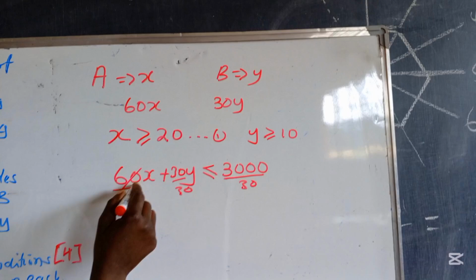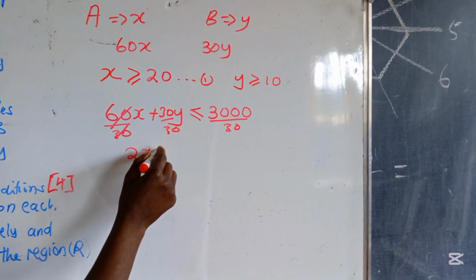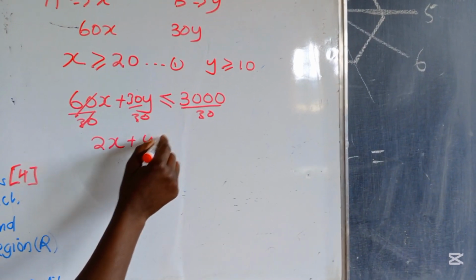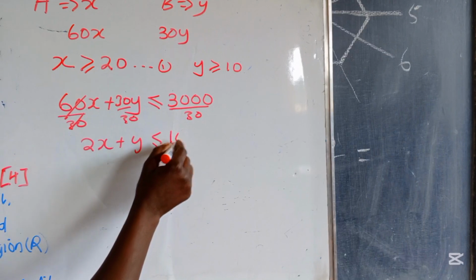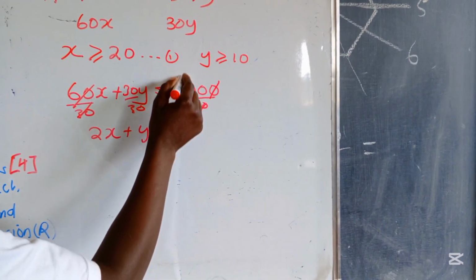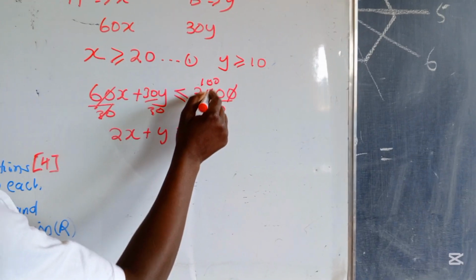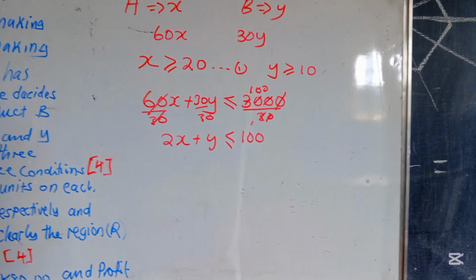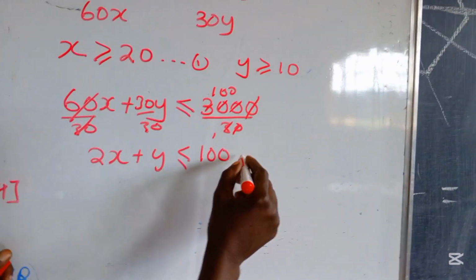I will remain with 2x plus y is less or equal to 100. Where is 100 coming from? When you divide here, 1 there. So I'm going to have 100 there. So this is the 100 which is there. So this is inequality number 3.